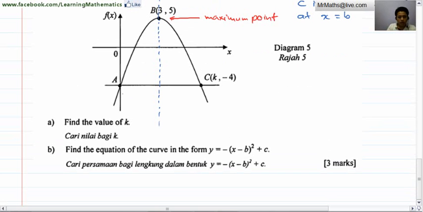That means the distance here and the distance here is the same. Let me just redraw that. If I draw a dotted line from that point, then the distance there, and this is the midpoint.